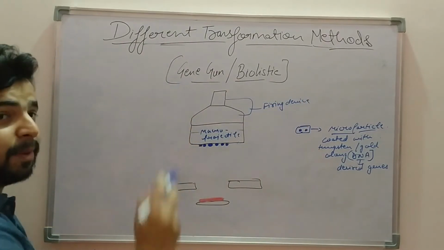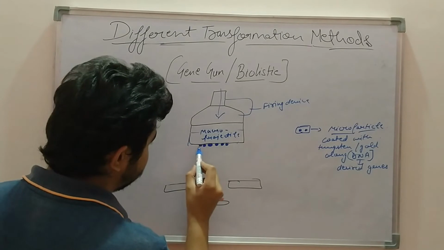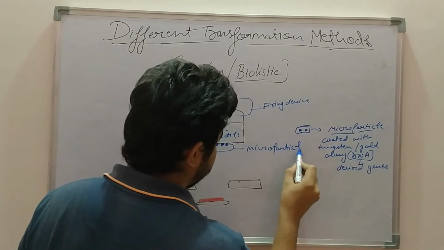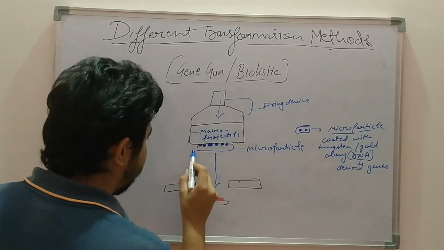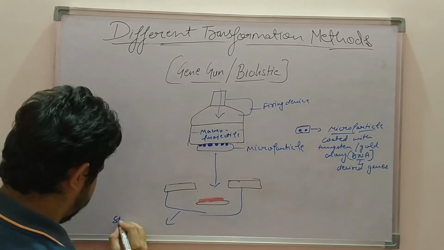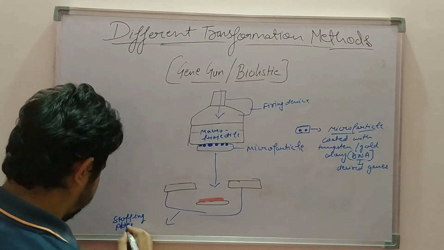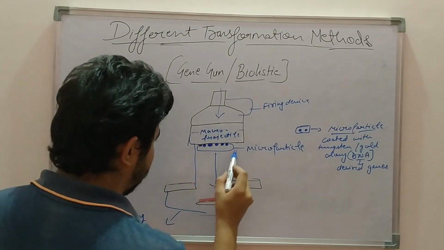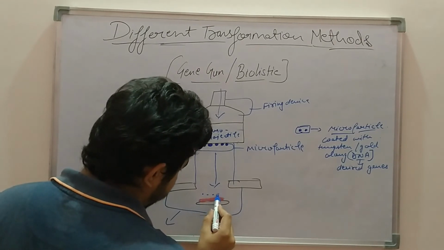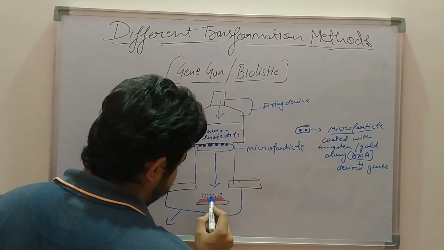Basically, when helium gas fills the vacuum, this macroprojectile brings these microparticles towards the base, and with the help of these stopping plates, the macroprojectile stops over here, and these microparticles get bombarded onto the plant tissues or animal tissues which we are using to culture.